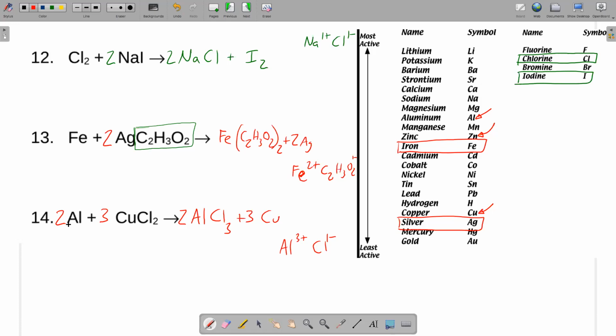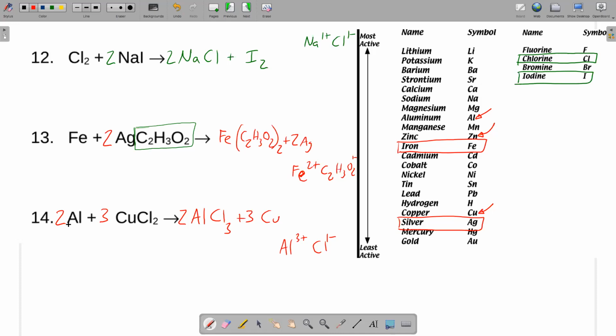And then you end up with exactly 2 aluminum chlorides and 3 coppers. We're going to use this to figure out masses of the stuff. So if you wanted to react 20 grams of aluminum, you could figure out how many grams of copper chloride you'd have to have in order to make the reaction proceed. Not just the relative numbers of them, but the relative masses of the compounds.